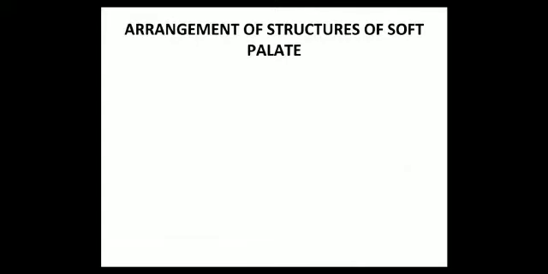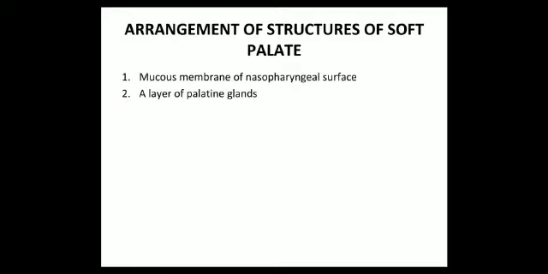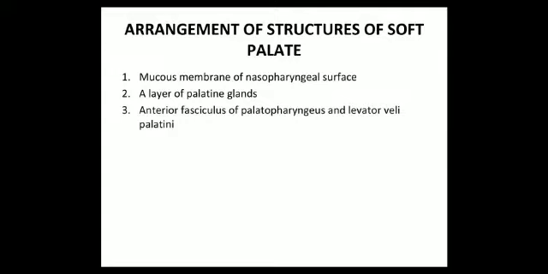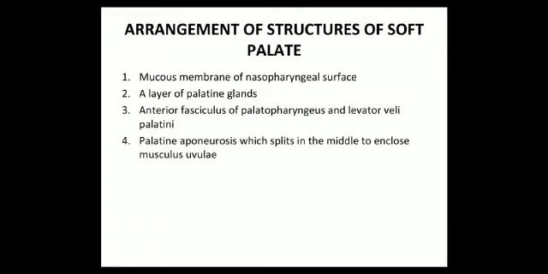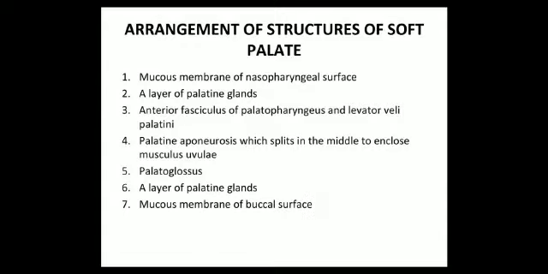The arrangement of the structures of the soft palate consists of the mucous membrane of the nasopharyngeal surface, a layer of palatine glands, the anterior fasciculus of palatopharyngeus and levator veli palatini, the palatine aponeurosis which splits in the middle to enclose the musculus uvulae, the palatoglossus muscle, a layer of palatine glands, and the mucous membrane of the buccal surface. So, we are seeing the arrangement from the nasal cavity towards the oral cavity.